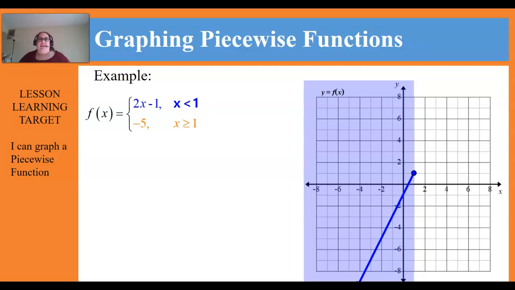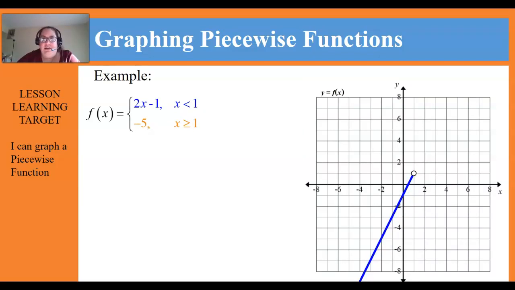So that solid dot is not appropriate. That dot should really be an open circle. So I'm going to keep that open circle here because it's approaching 1, but it's never actually going to land on 1.